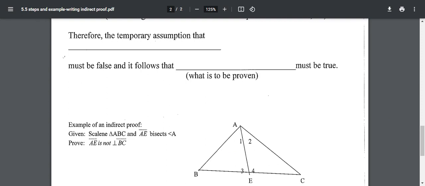So I'm going to write my first sentence saying, temporarily assume that AE is perpendicular to BC. And then we'll take it from there. What does that mean? And how does that potentially contradict the other things that we have been given?